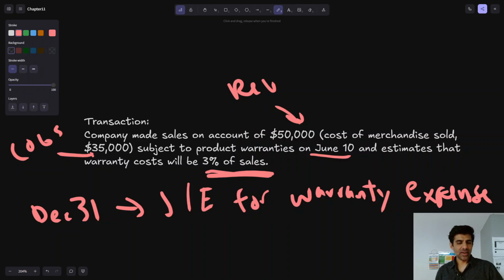Okay, because again, some of these sales are going to come back. They're going to get returned because of the warranty. There's going to be some expense associated. So you want to make sure that you're matching the cost of the warranty with the revenue because they should be in the same period. Okay, so there will be an adjusting entry.